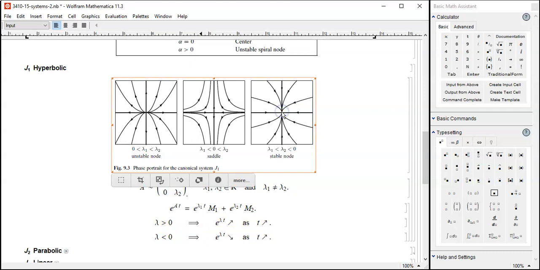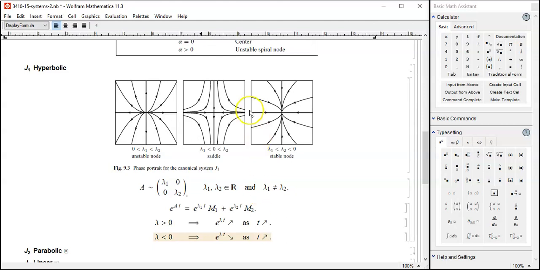In this case, the third case, both are decreasing. So x direction, y direction, decrease, decrease, and everything is converging into the origin. Unstable versus stable. The center part, in the middle, one direction dispersing away, another direction merging in.